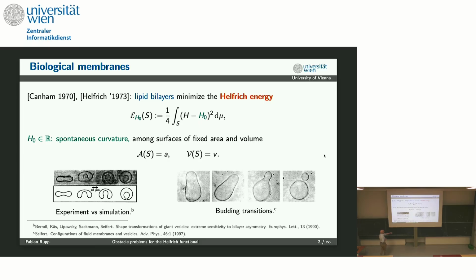Here's one of the most important processes in biology in general, maybe. It's the budding transition leading to a division of the cell into two smaller cells. And of course, mitosis is fundamental in this world. So it would be very interesting to understand also such processes in a context of calculus of variations or biological mathematical shape optimization.